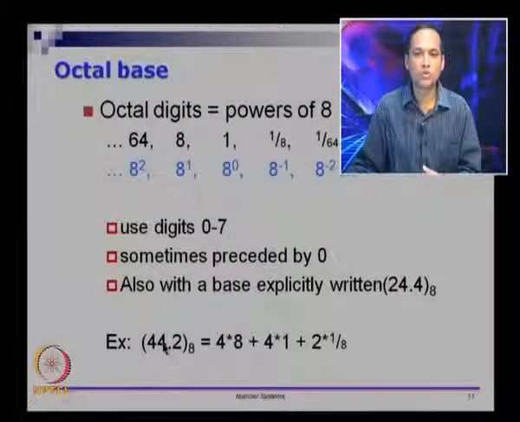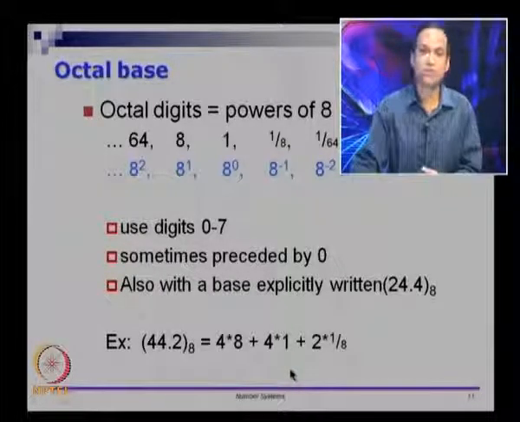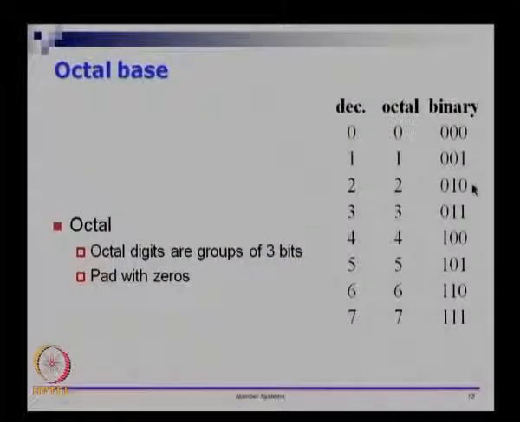So, that is 4 into 8 power 0 plus 4 into 8 power 1, that is actually 36, and the right side is 2 into 8 power minus 1, that is 1/4. This is actually our same old 36.25, and this is a table that you can remember. If you have 3 bits, right, you have them and you remember them as 0 to 7. The decimal and the octal digits that we use for 0 to 7 are the same.